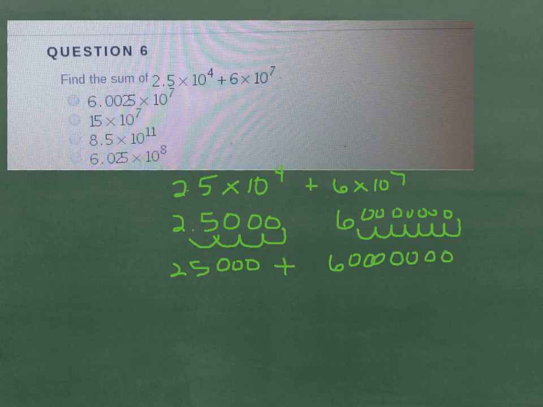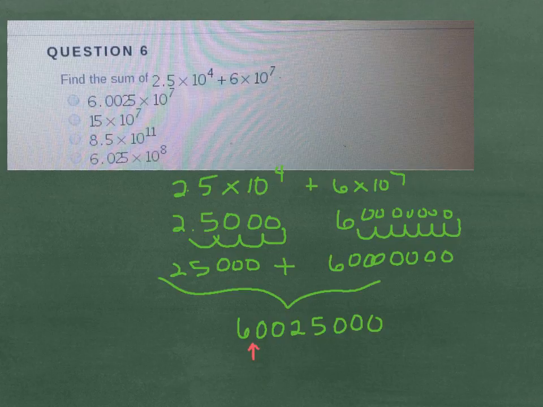And when I add these up, I can do it on the calculator, I could do it by hand. The answer I get when I add these up is 60025, and then 3 more zeros. Okay, so my decimal should go here, and I can already see the correct answer.